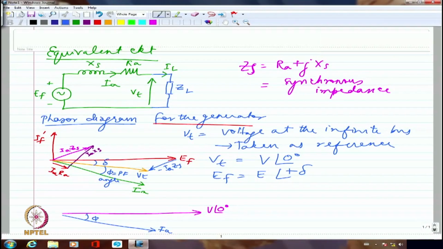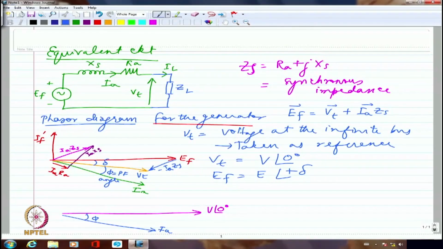In the case of generator, we said that EF is equal to VT plus IA ZS. All these things are vectors, phasors rather.